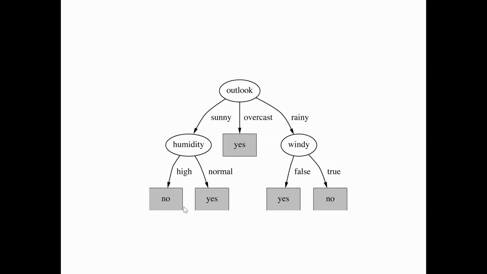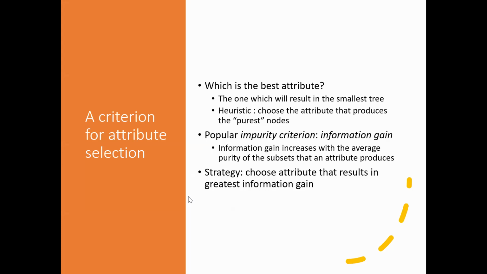The idea that we are going to discuss here is called information gain. I'm not going to go into detail, but let me give you the basics. In information gain, we calculate the information before the branch and we calculate the information after the branch. The difference we call the information gain.